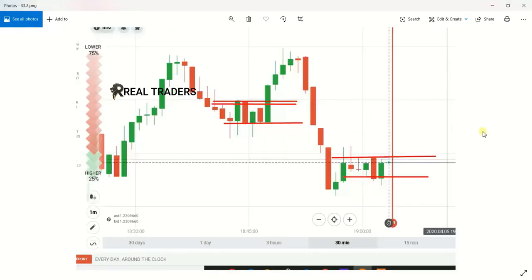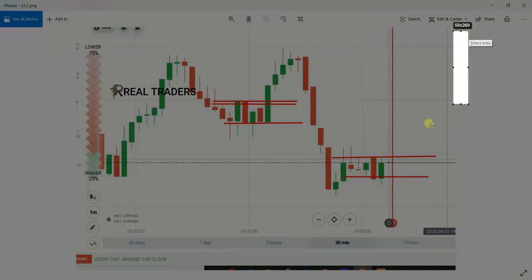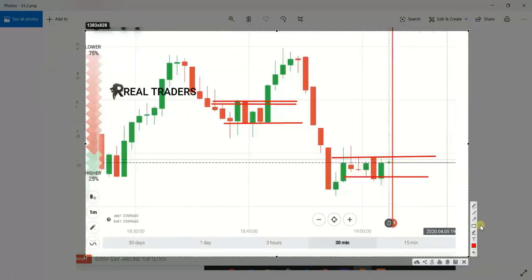Okay, now let's talk about the consolidation area. I talked about the consolidation area in the previous class also, but I want to repeat it again. You can see this is the consolidation area. The market doesn't have any movement, and it's blocked in the box. So what can we do in the consolidation area?